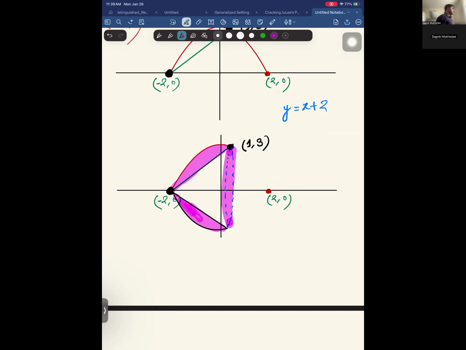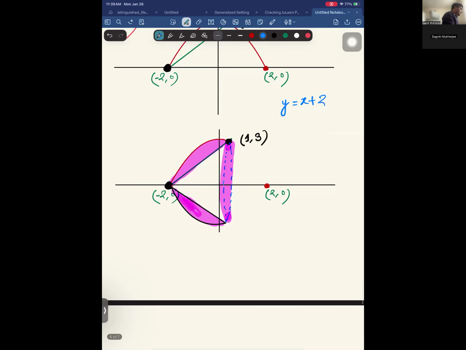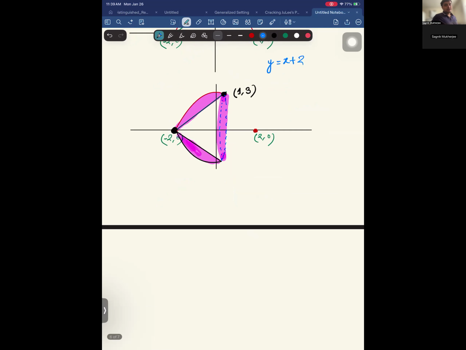Yeah, I agree, this is not a good picture, but this is the best I can do when I draw by hand. So this is the kind of object you will get.